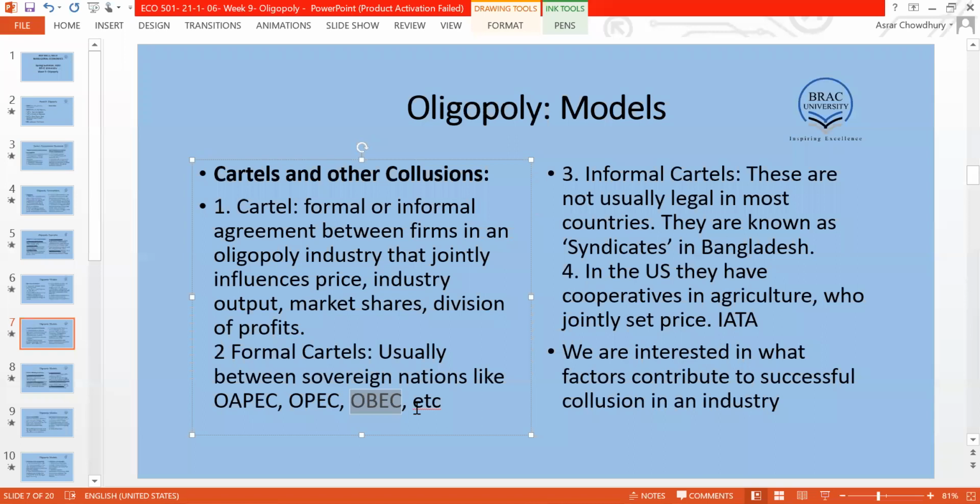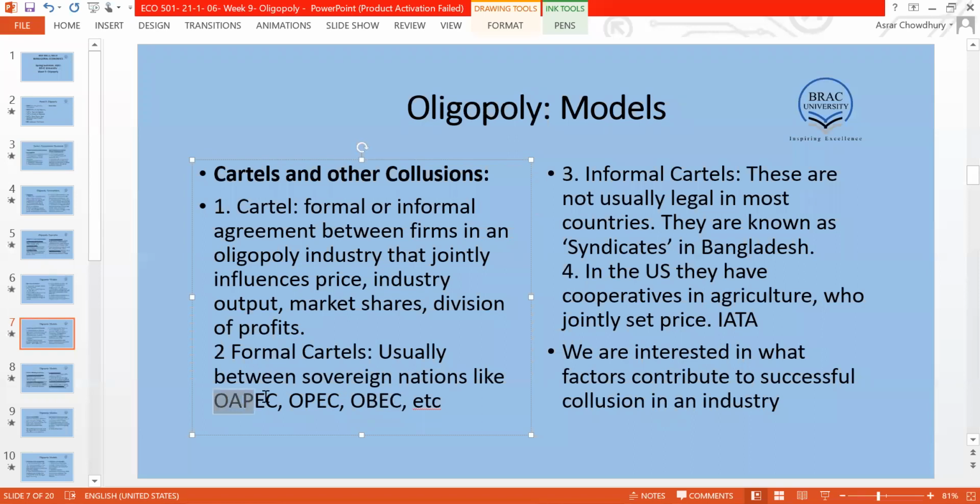They can have a joint settlement to plant lots of vegetation in the joint Sundarban. But if two private companies in Bangladesh do this, wouldn't it be illegal? Yes, sir. So when we talk about cartels, we are talking about sovereign nations.